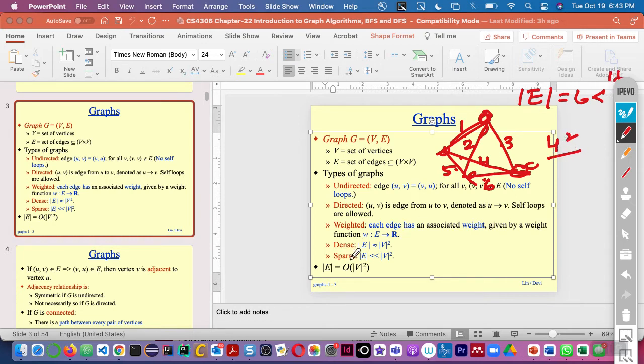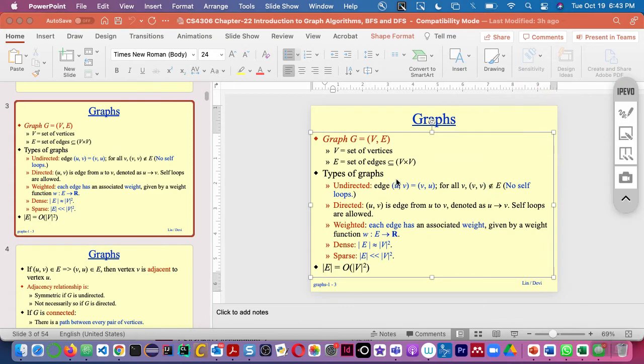But in a sparse graph, not all nodes are connected to each other; there are some non-connections. This matters for efficiency in terms of time complexity.